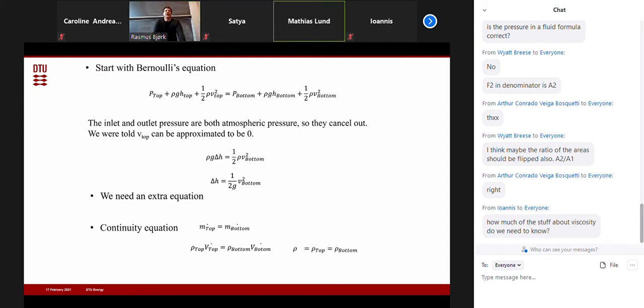Yeah, so that's not exactly correct. And that's one of the approximations that Torricelli's equation takes into consideration. You do have a difference in pressure between the top and the bottom. And it's basically your force times your area, and you're going to have the density of your fluid in there.